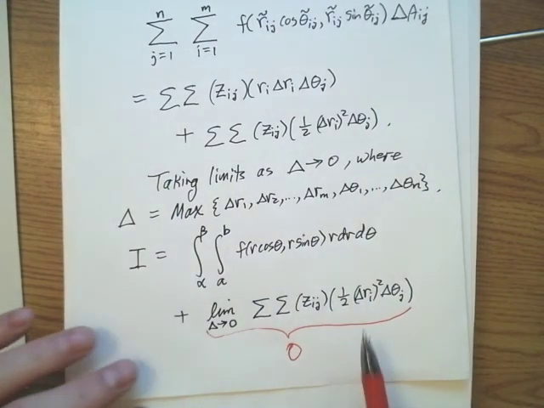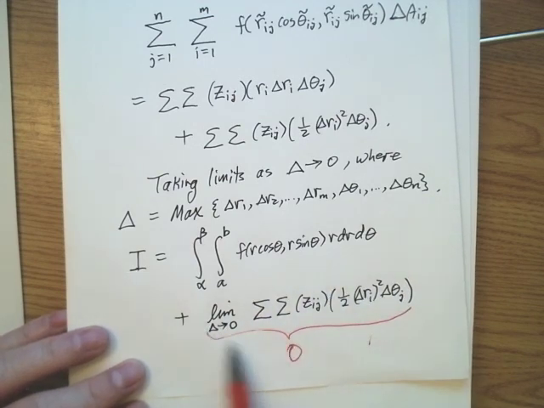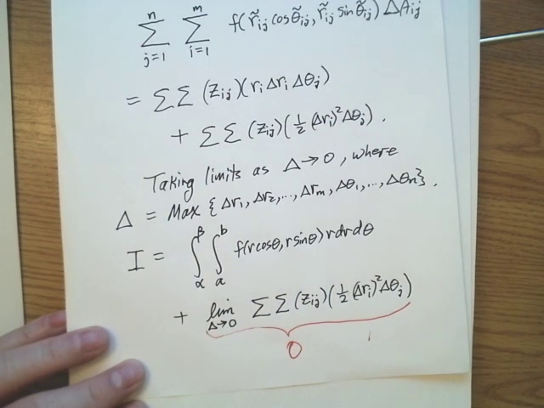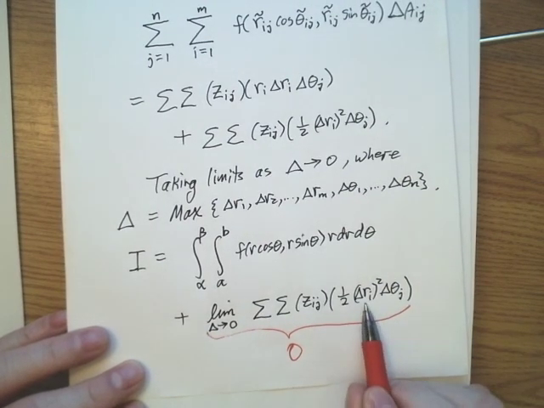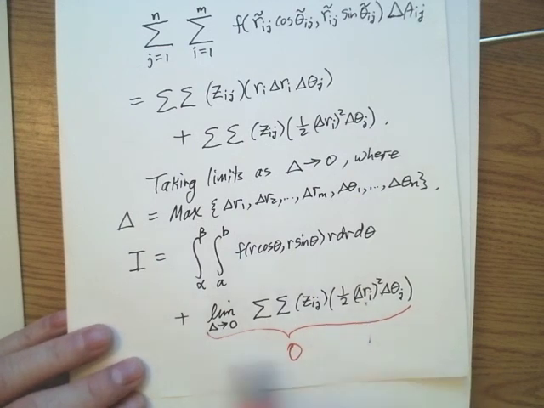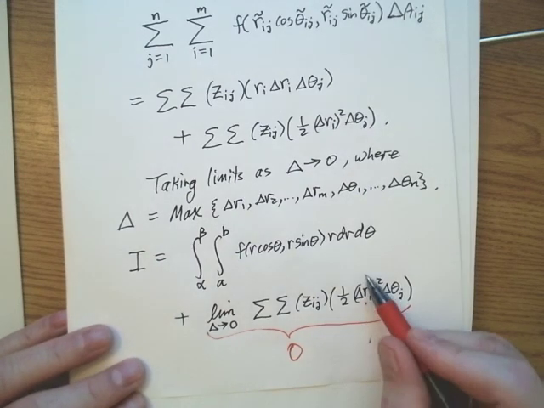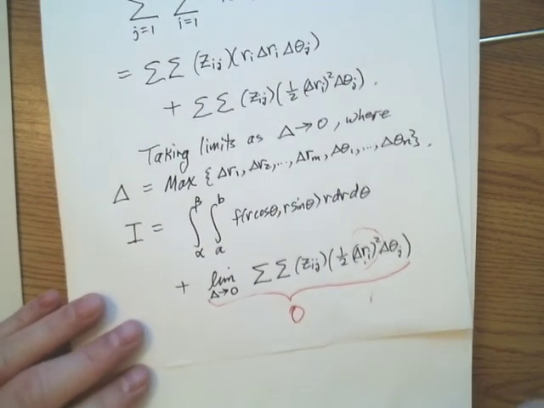But with that extra power of delta r sub i, as that goes to 0, this thing actually goes to 0. There's one too high a power on that r for this to converge to anything other than 0 here. So this guy squishes this whole thing down to 0.